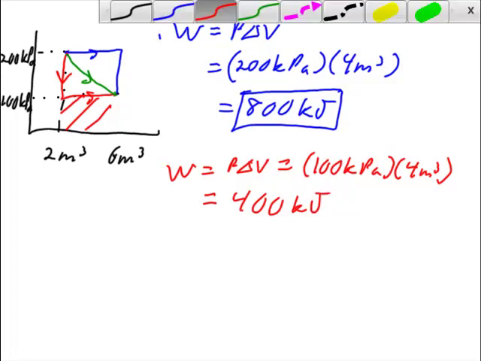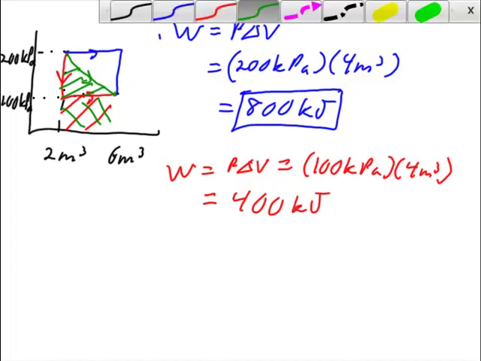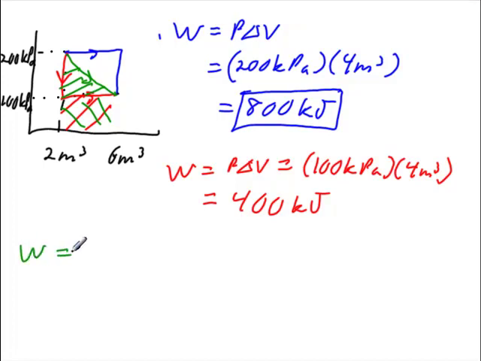If I take the green path, well, then I need to worry about this green triangle and this area under here. I already know the area on the bottom. That was from the red path. For the green triangle, I get a work equal to 1/2 the change in pressure, which is the height of my triangle, 100 kilopascals, times the width, 400 or 4 meters cubed.